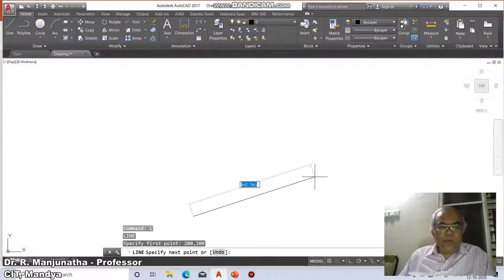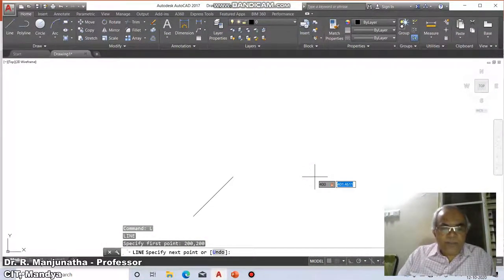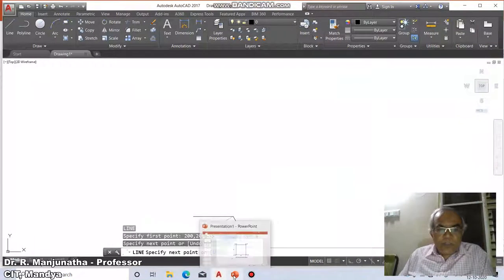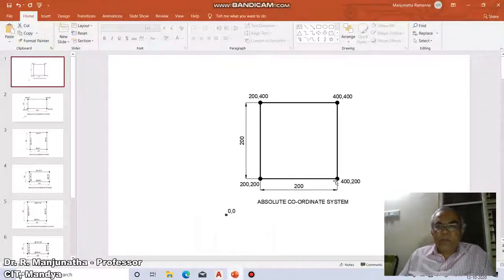So here we will go 400, 200. This is the direction of the x-axis. Now we are going to move to the next position. We are moving along the direction of the UCS y-axis by 200.